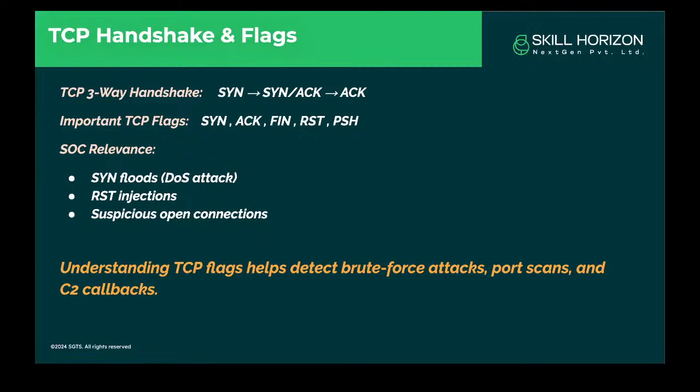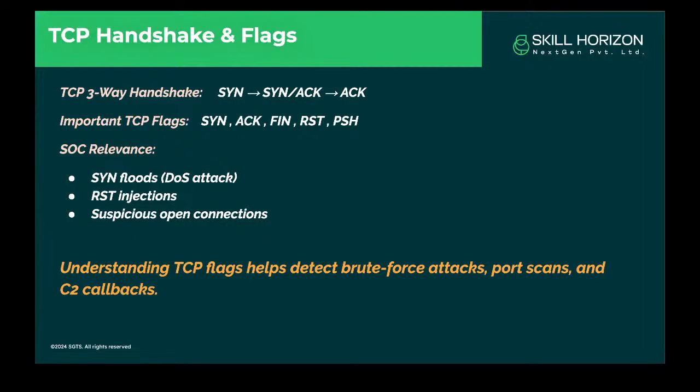These flags are relevant in SOC because if you are seeing multiple SYN packets, that means someone is launching a DoS attack. If you are receiving reset packets, there may be RST injections, so by observing the TCP flags you can also spot suspicious open connections.